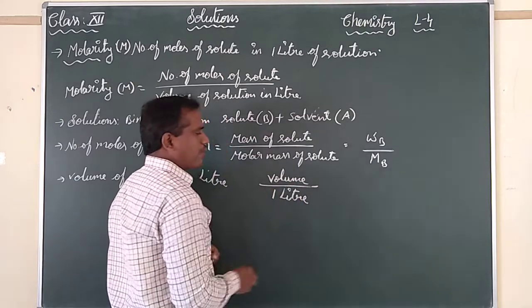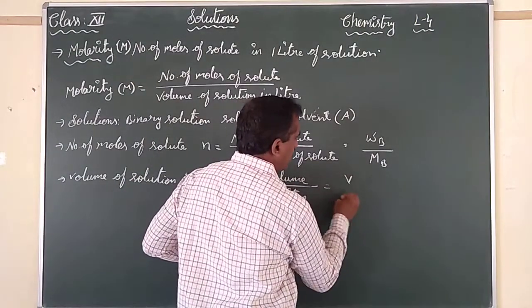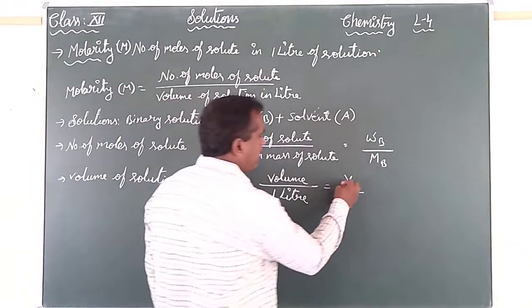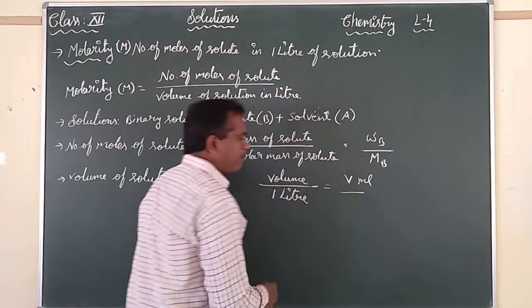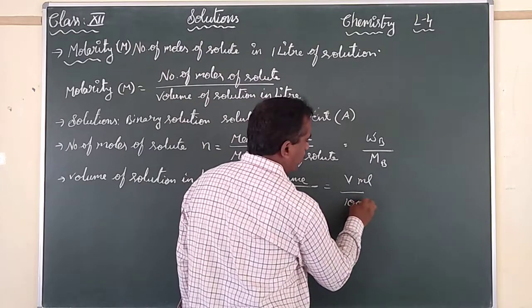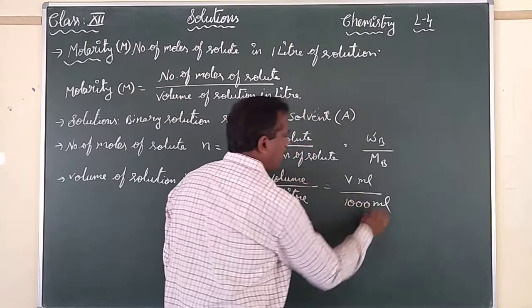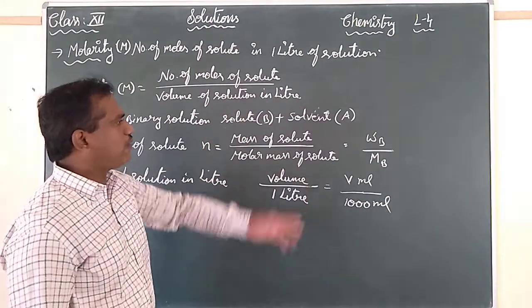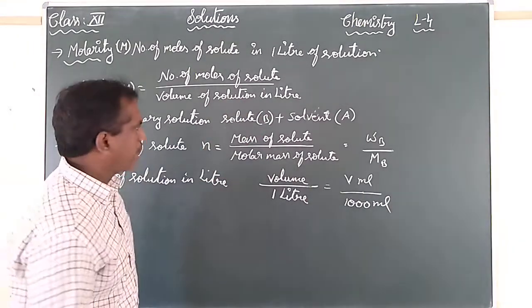Here 1 liter is equal to how much ml? 1000 ml. Volume is also mentioned in ml. So if we are clear with these definitions, then we can write the formula in a clear method.